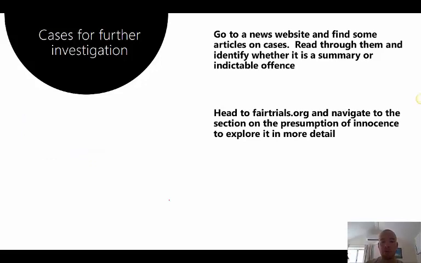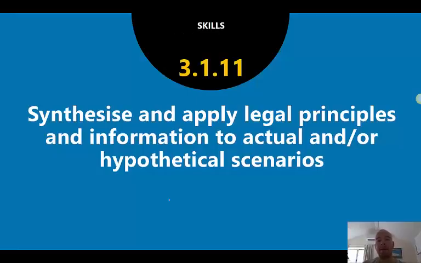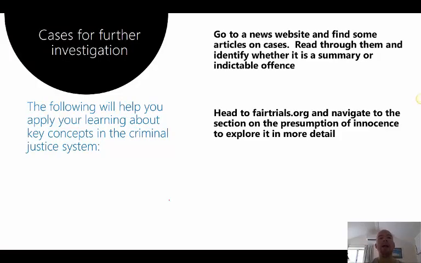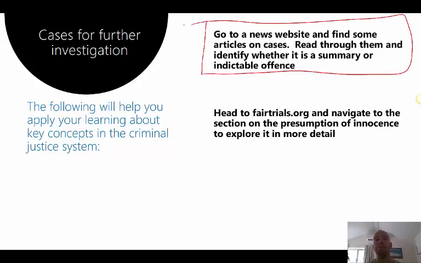Basically, in terms of looking at some actual or hypothetical scenarios related to these key concepts, it would be a great idea for you to go to any news website and find the legal section. I know the Herald Sun has a law and order section. I think the Age has similar.